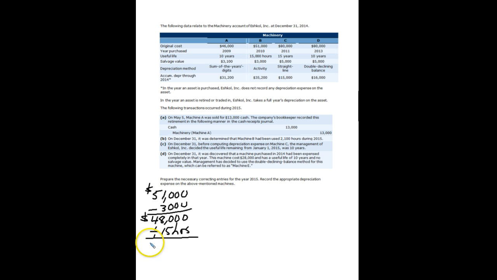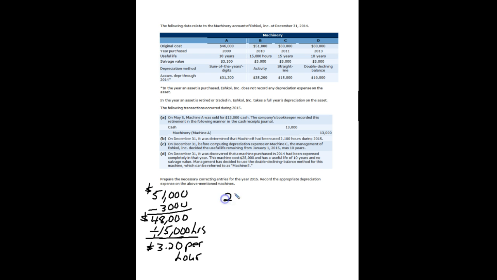So that's going to end up being, let's see, 300. Hang on just a sec. What's it going to end up being? Actually, I think now that I look at this, it's 15,000 hours, so I need to go in and correct. So when I write it down, 15,000 hours, not 15. Okay, and so when we do that, that's going to be $3.20 per hour. And then they just tell us in this particular year, it had produced 2,100 hours.